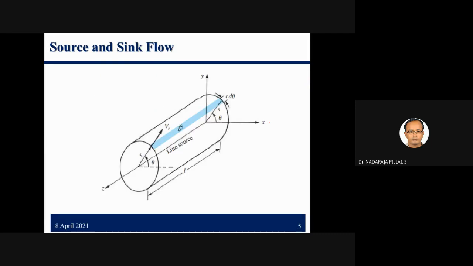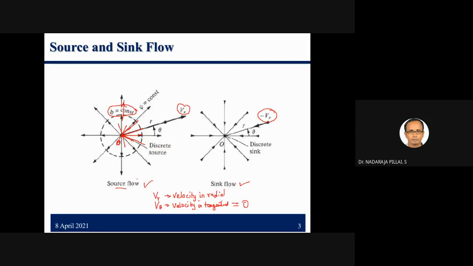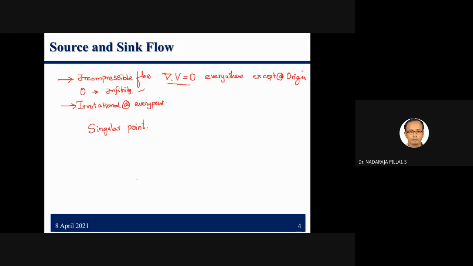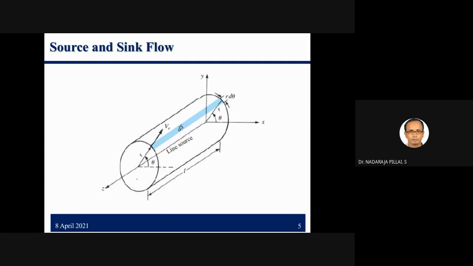We can consider the radial distance R, and we consider the length L, which is perpendicular to the screen. So we have a volume flow rate for the line source.